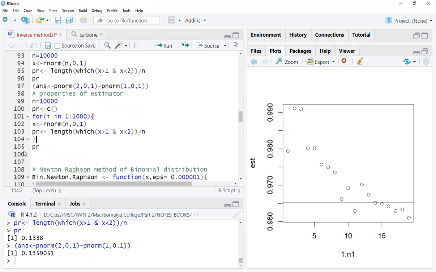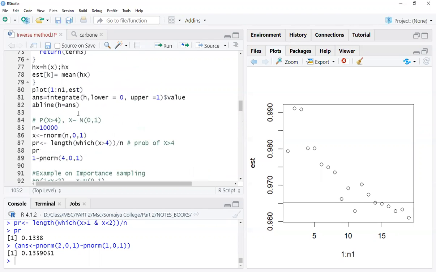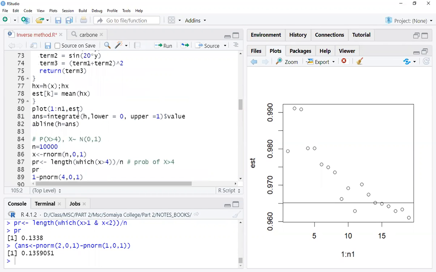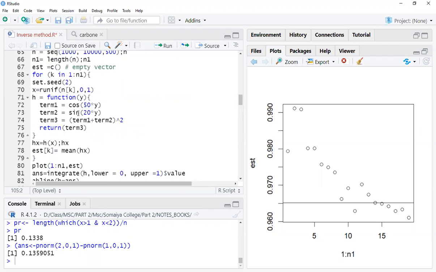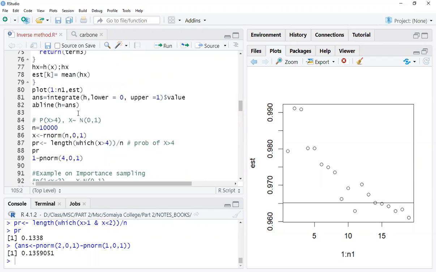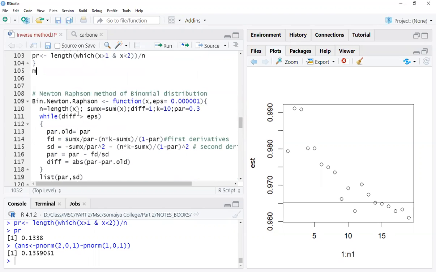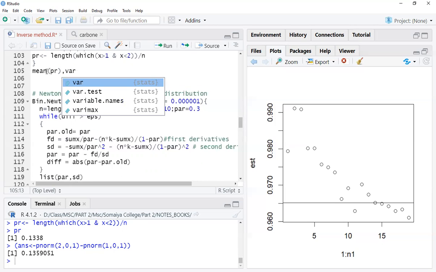And you are estimating just the mean of your probability values and the variance of your probability values.